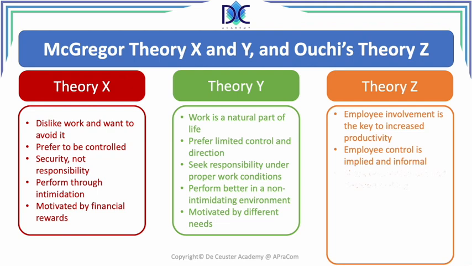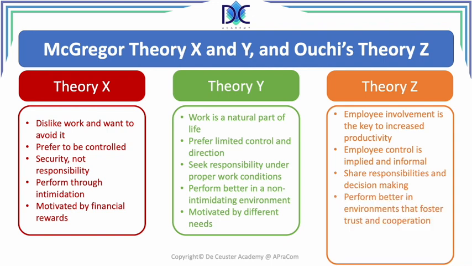They share responsibilities and decision making. They perform better in environments that foster trust and cooperation. And they need guaranteed employment, and they will accept slow evaluation. So typically three different theories about the people and how to deal with them.